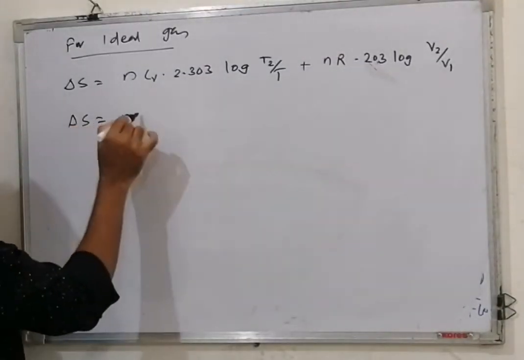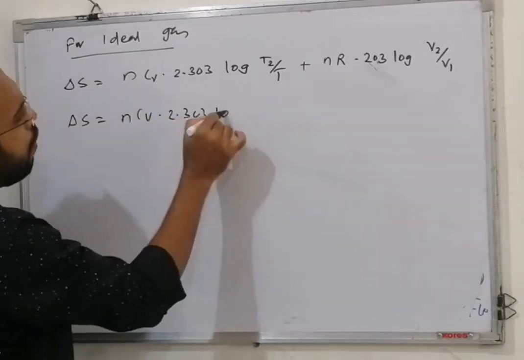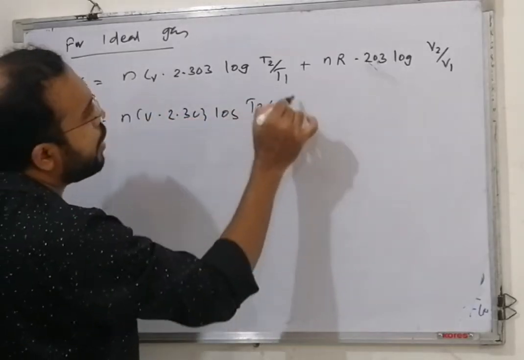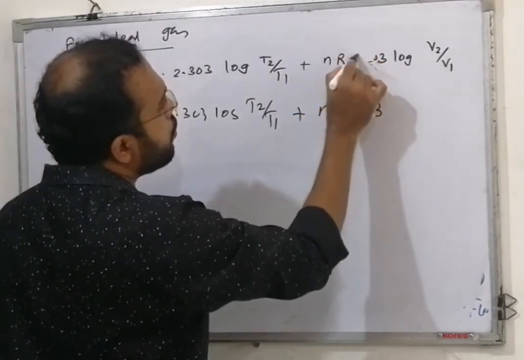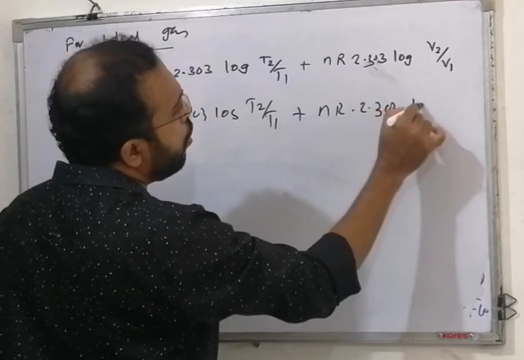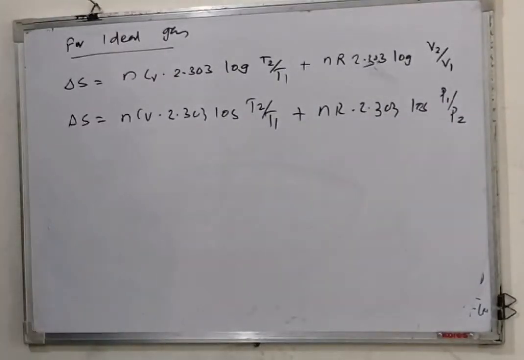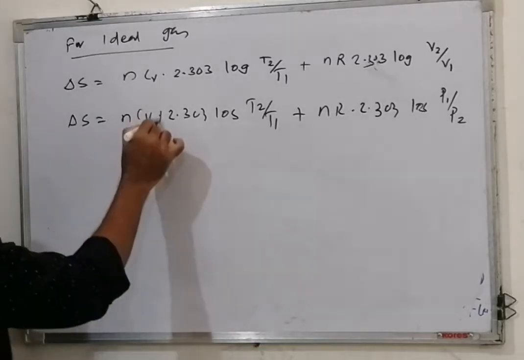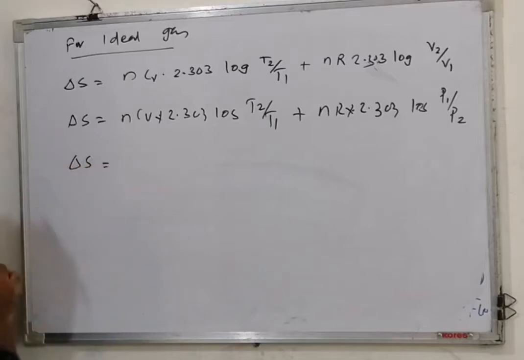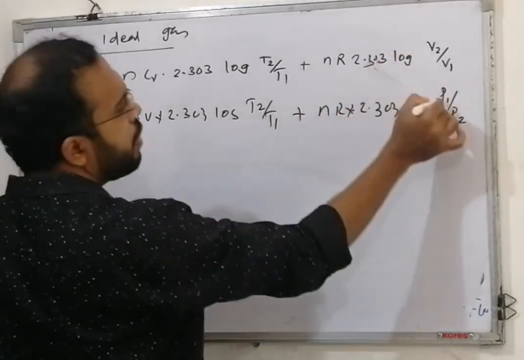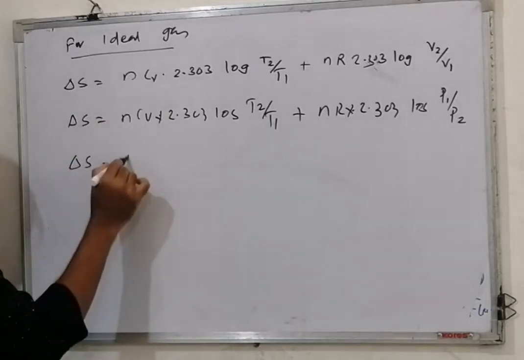Delta S is equal to NCV 2.303 log T2 by T1 plus NR 2.303 log P1 by P2. Okay? Yes. Now delta S is equal to, here V2 by V1, P1 by P2. You know that. Now delta S for isochoric.